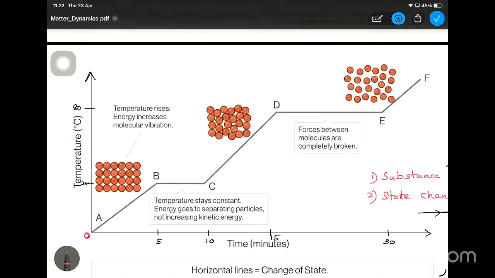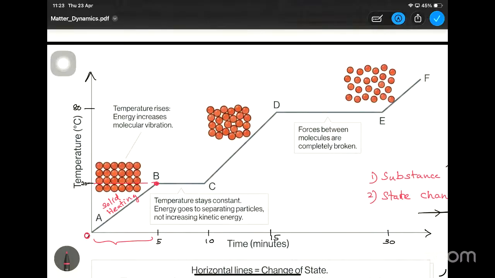you are providing heat energy up to 5 minutes, right? In this process, you can observe that the temperature of the solid increases up to 20. So here the solid is heating and its temperature increases, and it reaches 20.